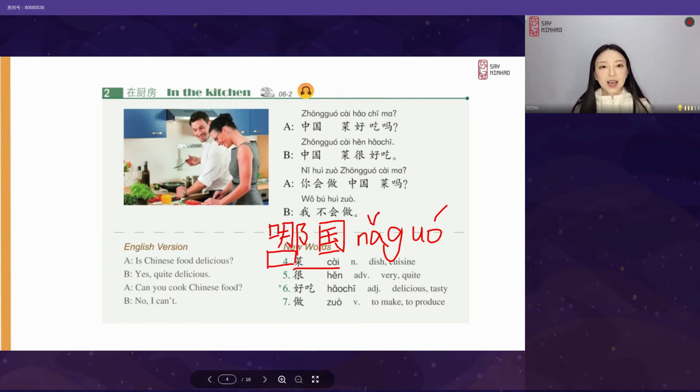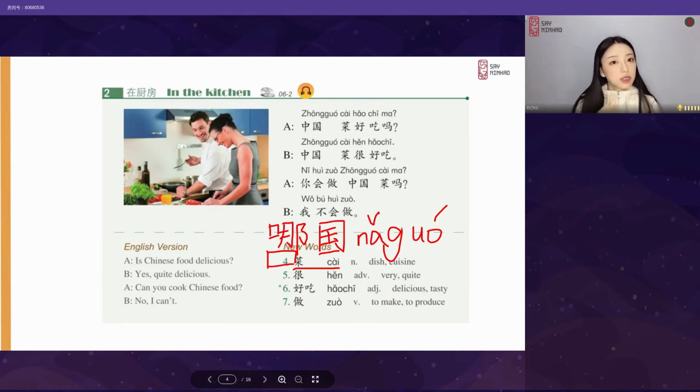We said the word order of questions in Chinese is mostly the same as the declarative sentences. So first, what should we put at the beginning of the sentence? It is the subject, which is you, right? I am asking which country's dish do you eat?